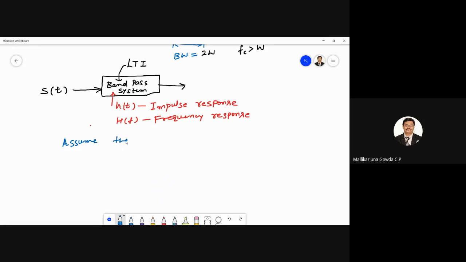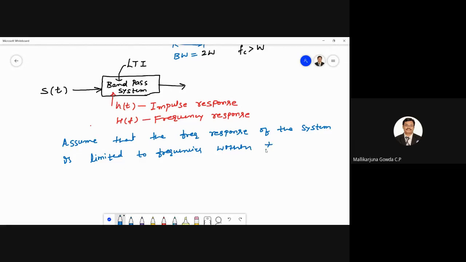Assume that the frequency response of the bandpass system is limited to frequencies within plus or minus b hertz of the carrier frequency.